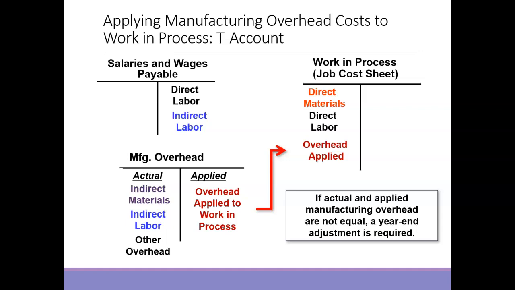So we're always having an over or under applied manufacturing overhead. If actual and applied manufacturing overhead aren't equal, then we have to adjust it at the end of the period so we make them equal. We've either assigned too much or too little manufacturing overhead to jobs. So we're constantly playing catch up. Okay?